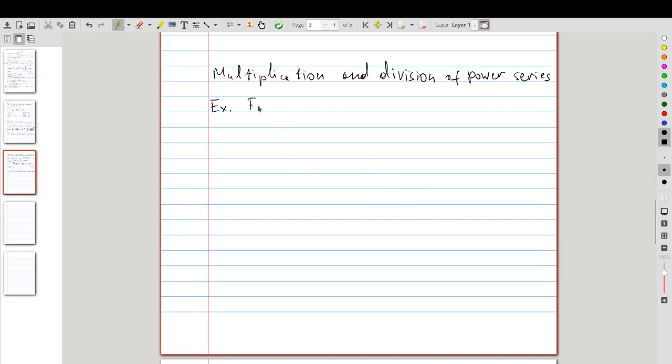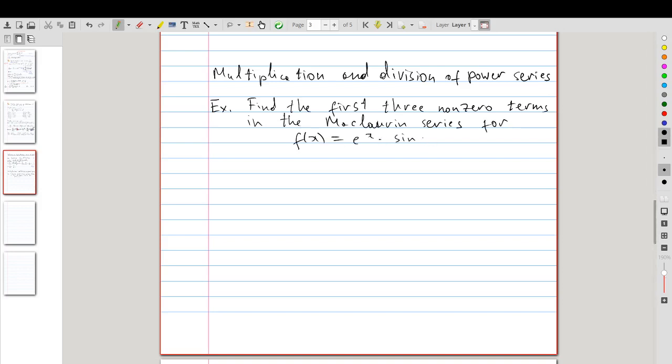So let us find the first three non-zero terms in the Maclaurin series for the function f of x equals e to the x times sine of x.